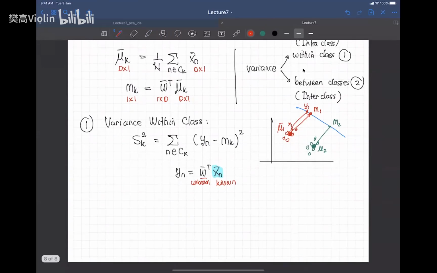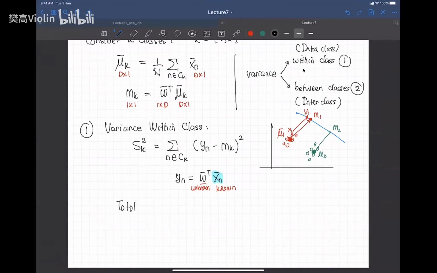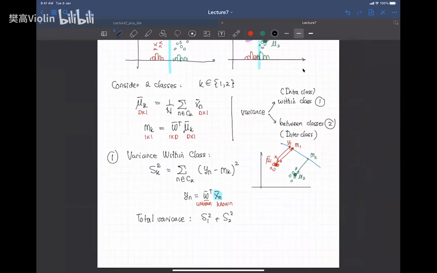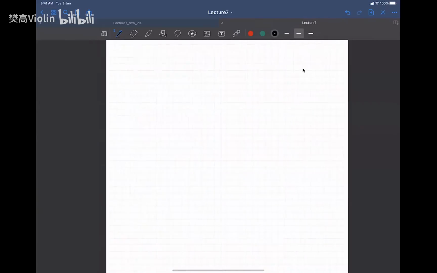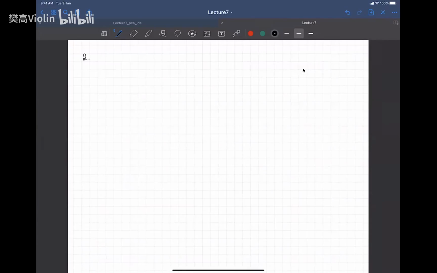Okay, so the total variance will be S1 square plus S2 square. All right, so this is variance within class. Now let's move on to the second definition of variance, variance between classes.